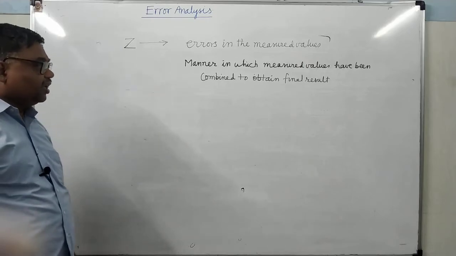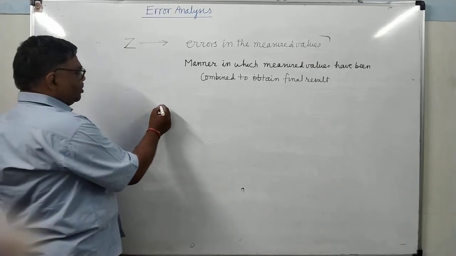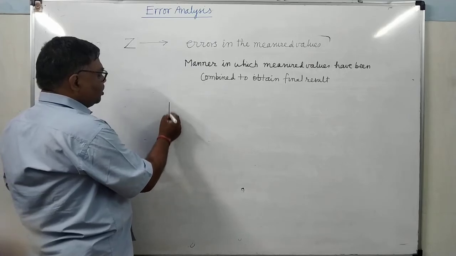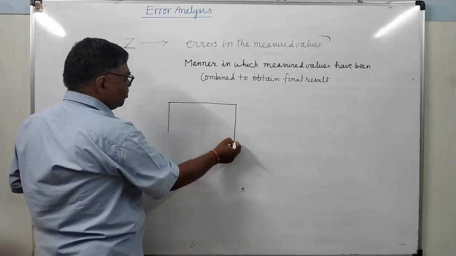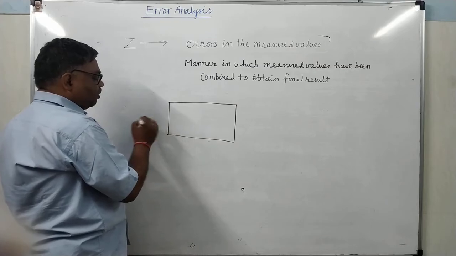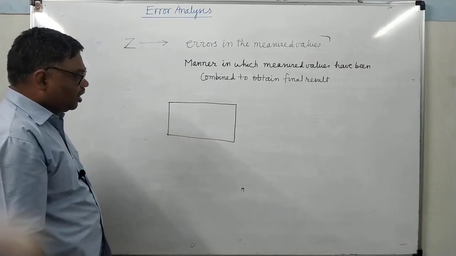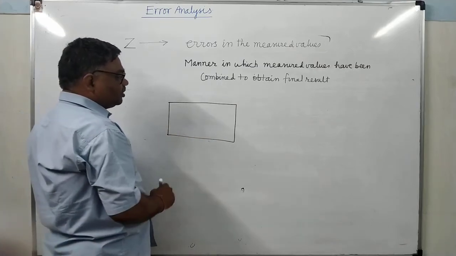For example, here we have to determine the perimeter of this rectangular garden, and then we have to determine its area.